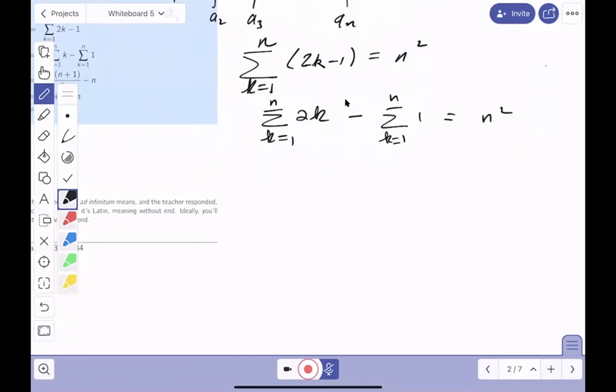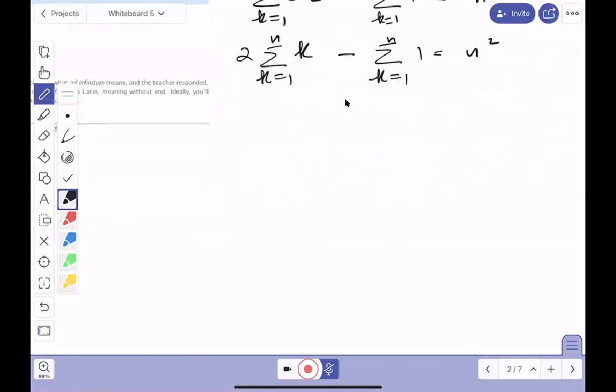So this is 2 times the sum k equals 1 to n of k, minus the sum k equals 1 to n of 1. Well, I certainly know the first one: the sum of the integers is n times (n plus 1) over 2. The second one is 1 plus 1 plus 1 plus 1; there are n of those, so n times 1. And again, their claim is equal to n squared.